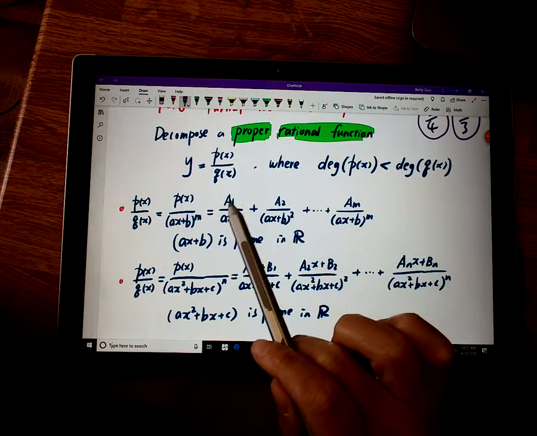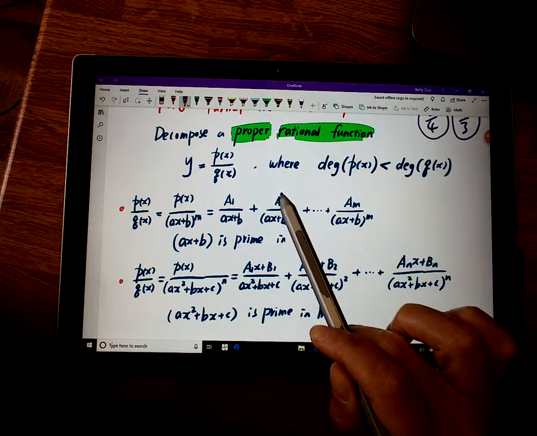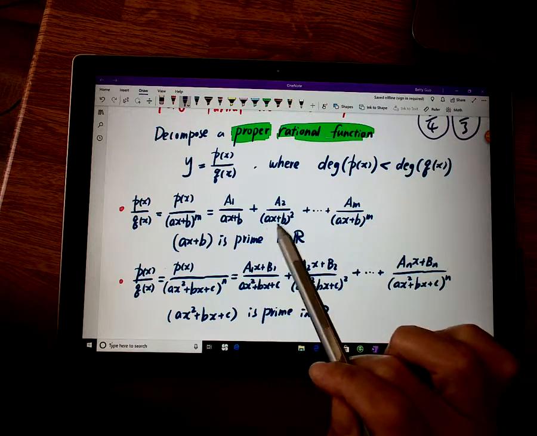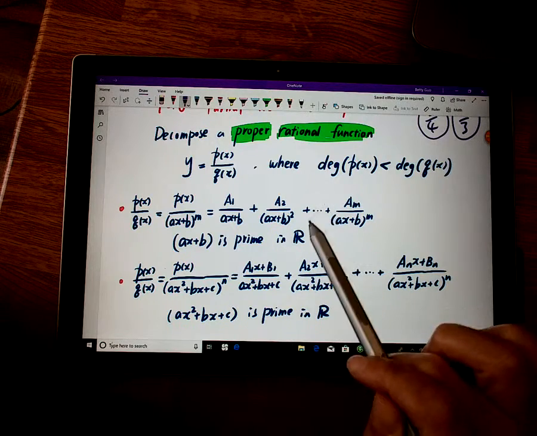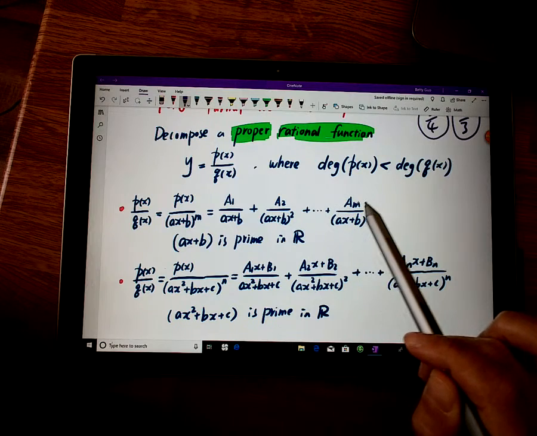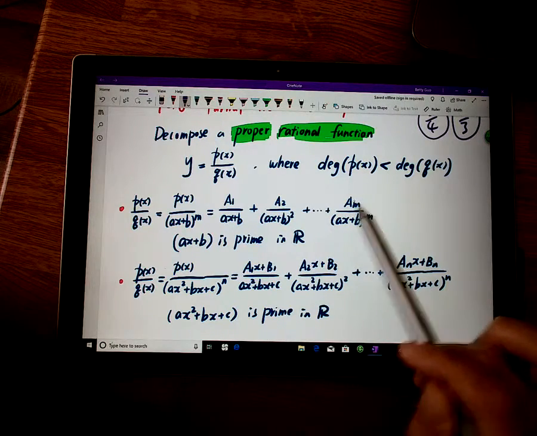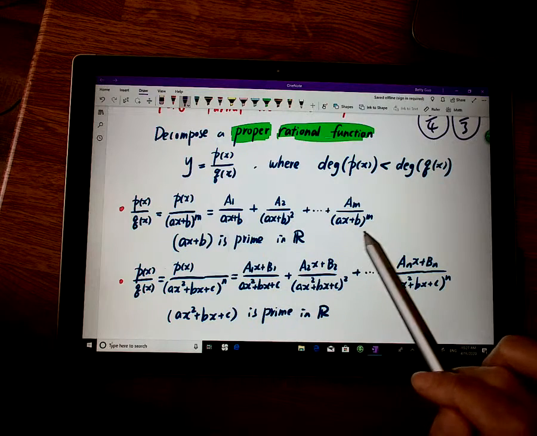The first one is a constant over ax plus b. The second is another number over the square of ax plus b, plus a number over the cube of ax plus b, all the way up to a number over the mth power of ax plus b. So that's the first formula.